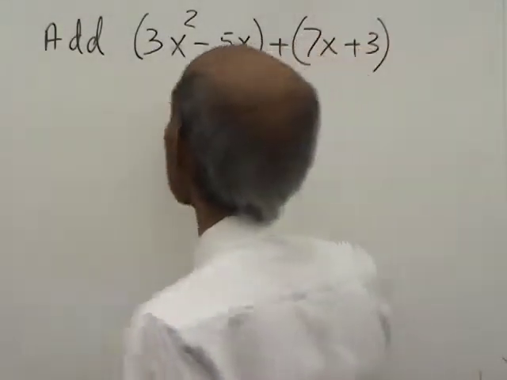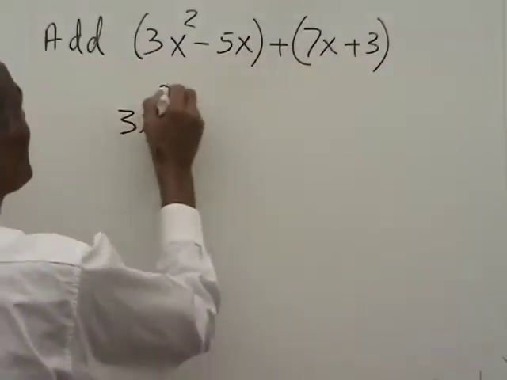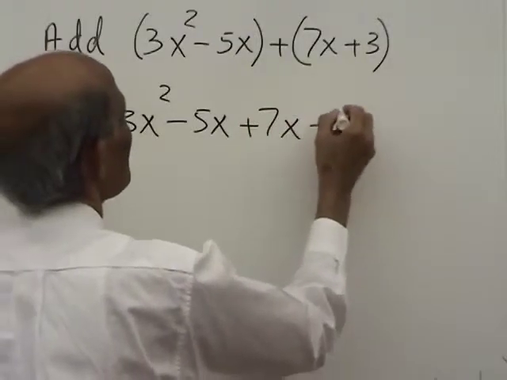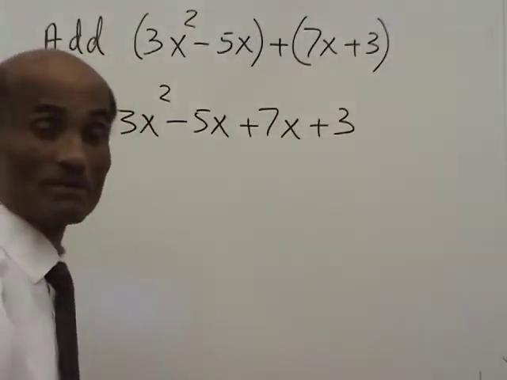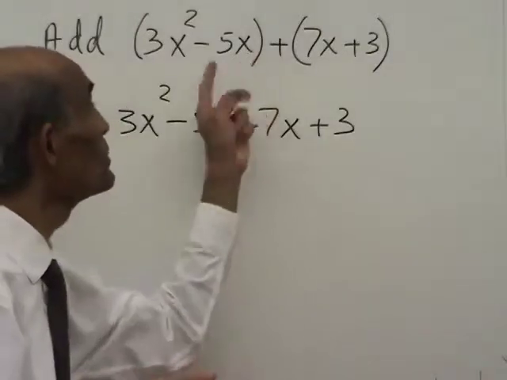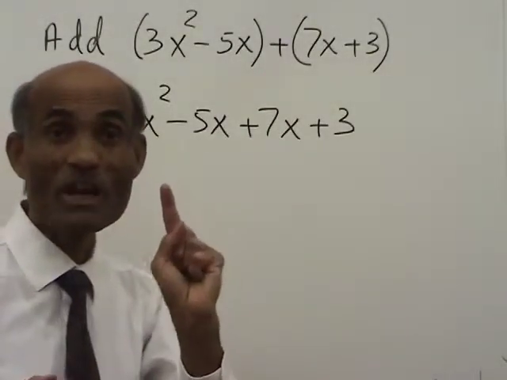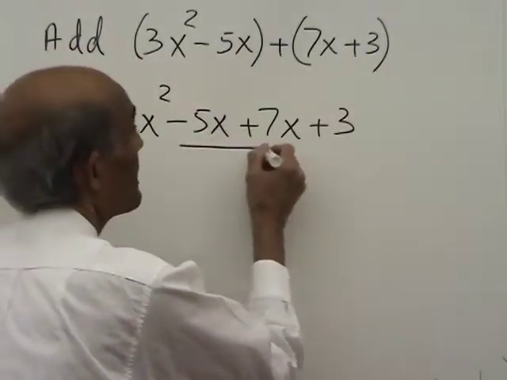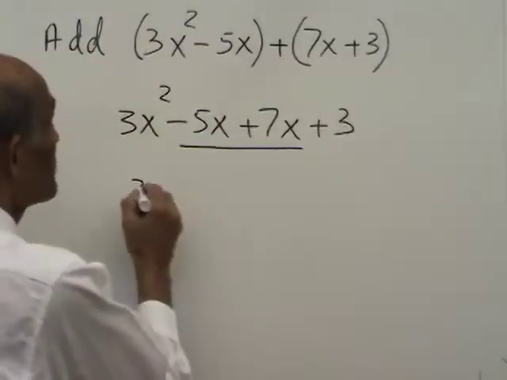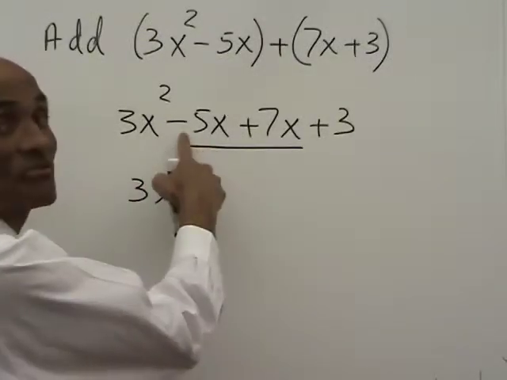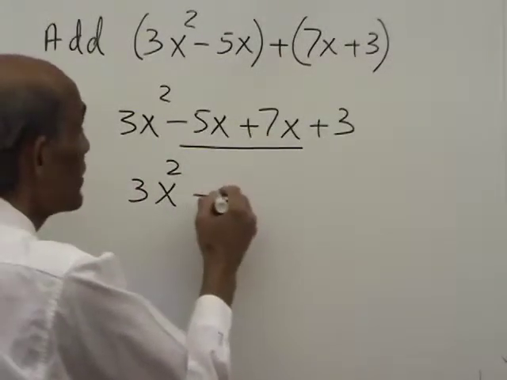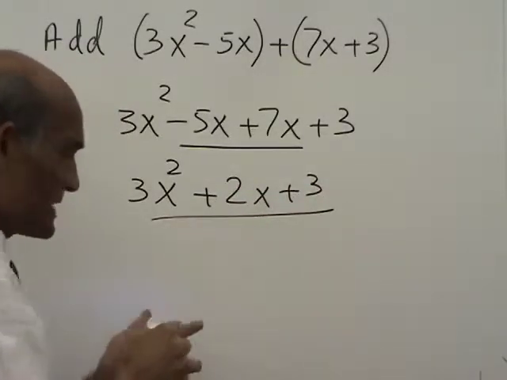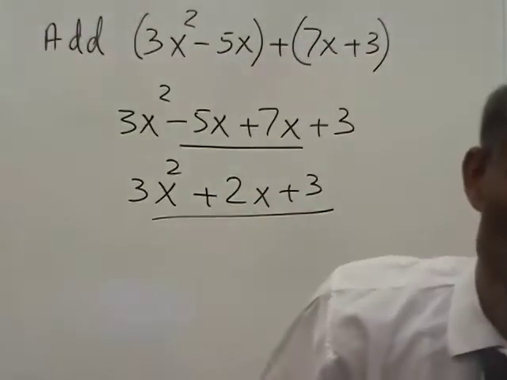So this will now become 3x squared minus 5x plus 7x plus 3. Yes, you don't need parentheses when you add, but you must be careful when you subtract. Now, combine the middle terms. That will be 3x squared minus 5x plus 7x is plus 2x plus 3, and that is the simple result.